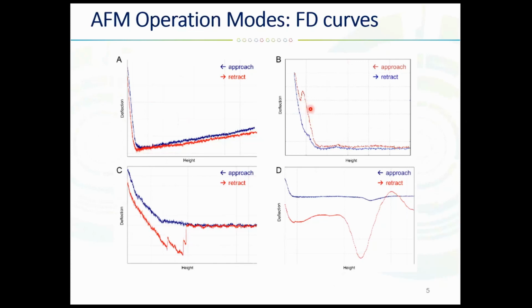For example, when you study lipid bilayers, this feature can be used to confirm if you have the presence of a bilayer or you have only one layer of lipids. So this might be an important feature that you're actually looking for.